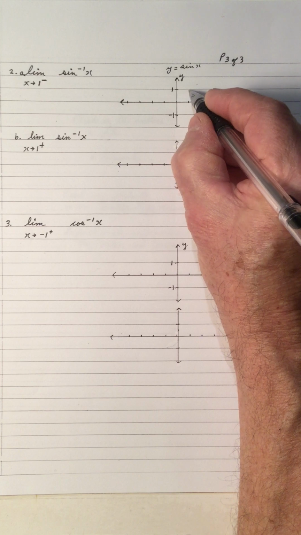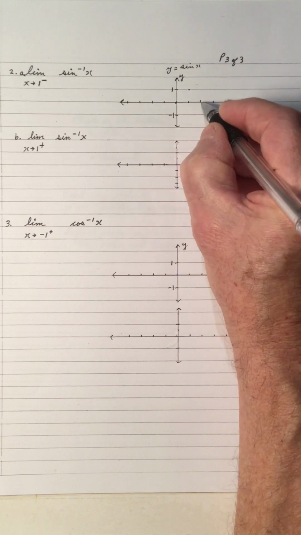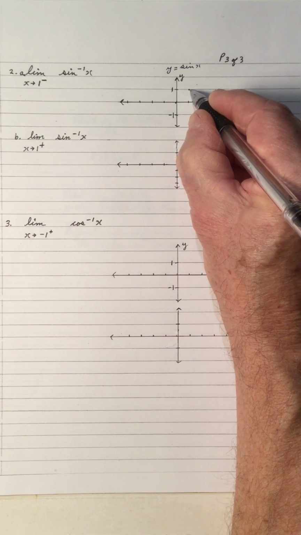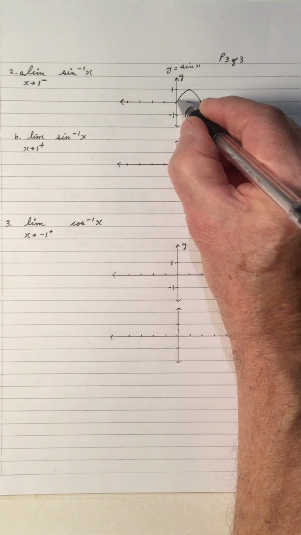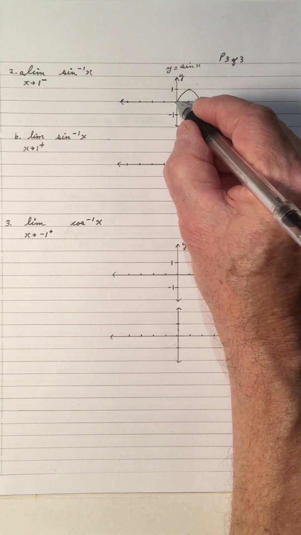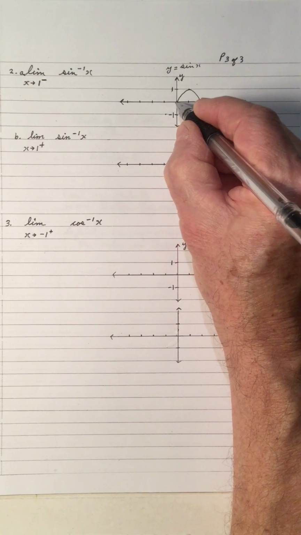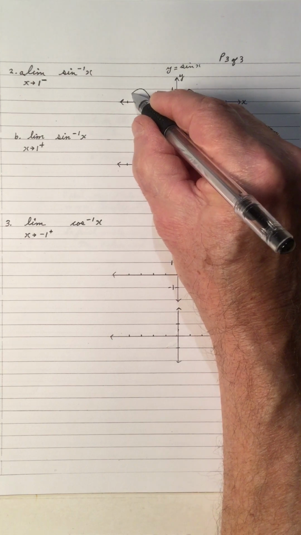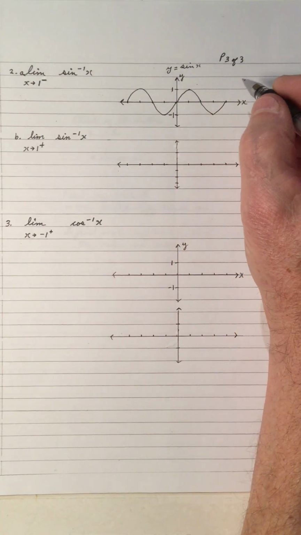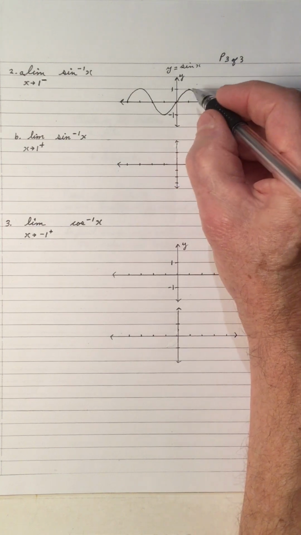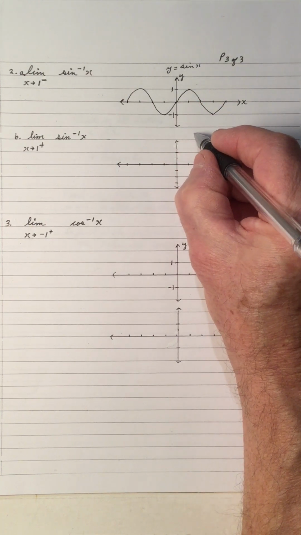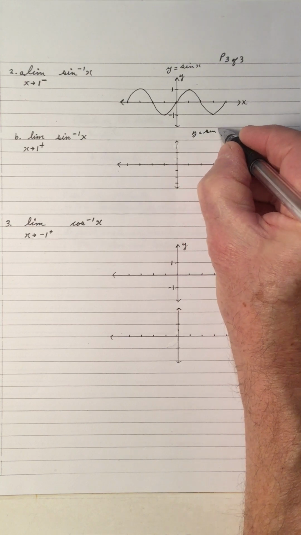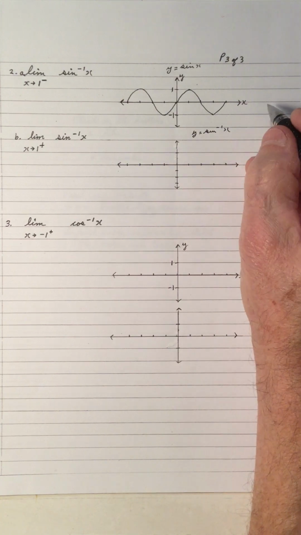The sine graph is 0, 1, 0, negative 1, 0. So I have it memorized. And we keep on going. That's negative 1, 0, 1, 0. So this is the sine graph, but we want to look at y equals sine inverse of x.